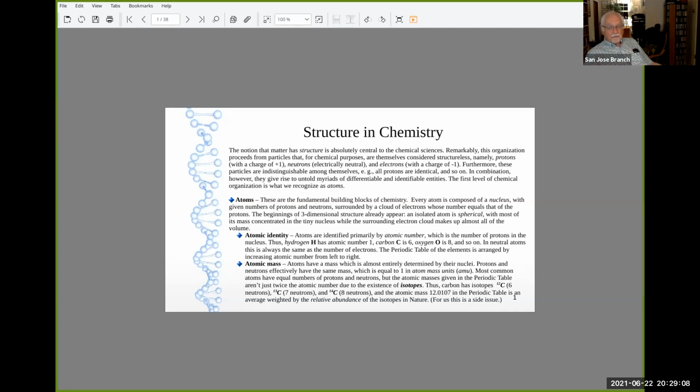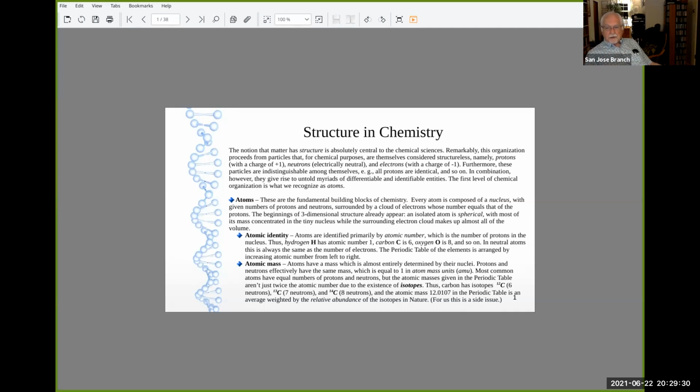Then you have deuterium, which is H2, and that has a mass of 2 because it has a proton and a neutron in the nucleus. And then there's also tritium, which is H3, which has an atomic mass of 3.